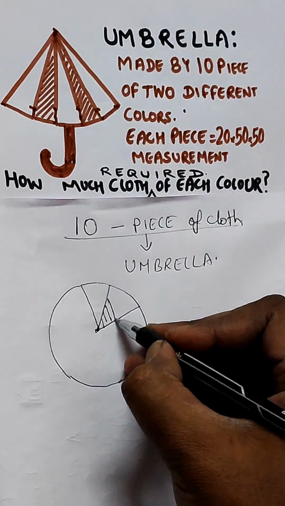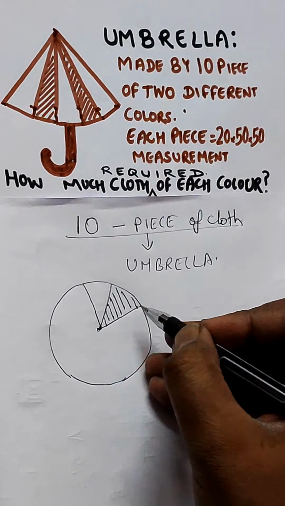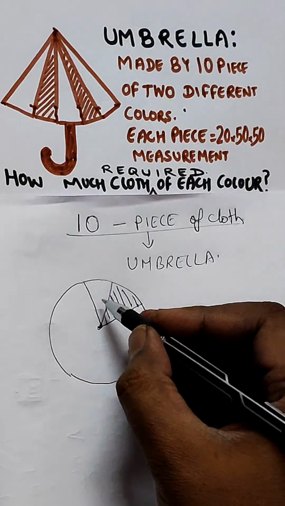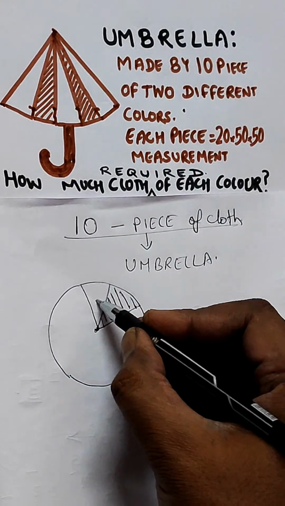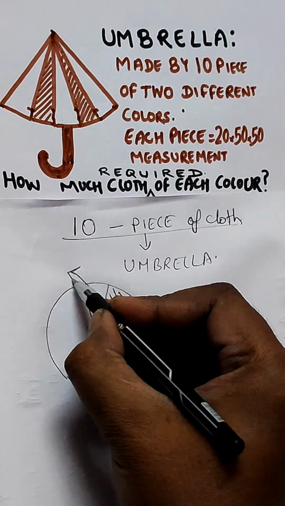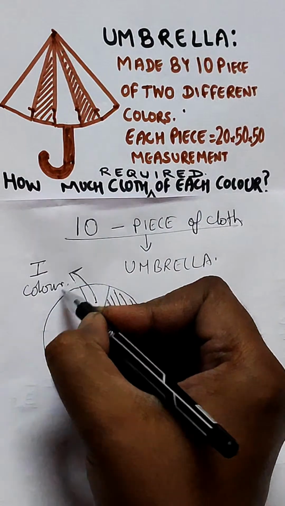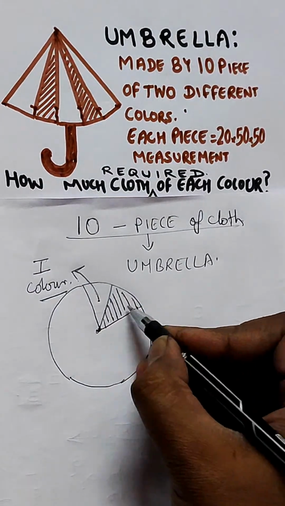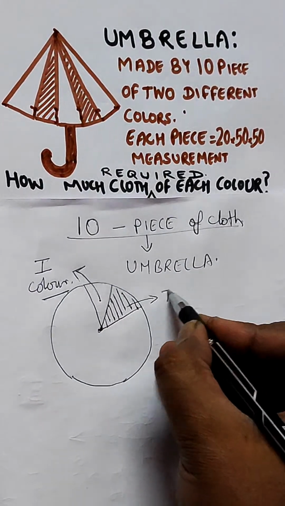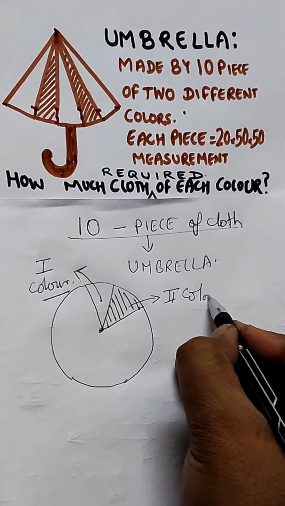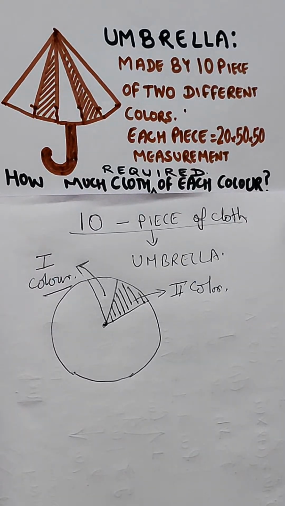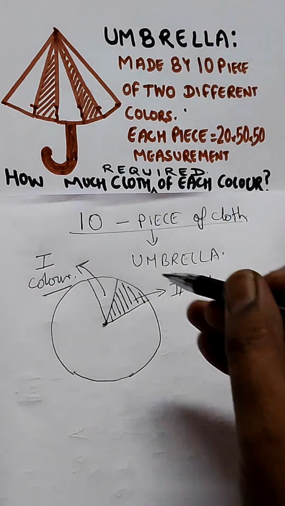If this will be the shaded one, then this is the other color. So this is one color, and this part is the second color. So two different colors have been used like this.